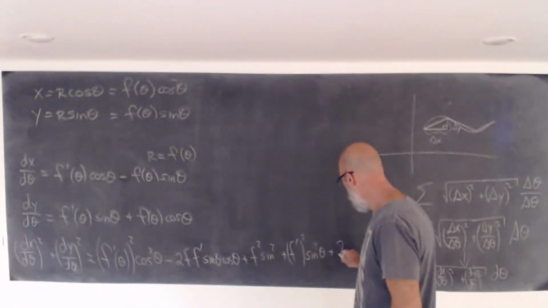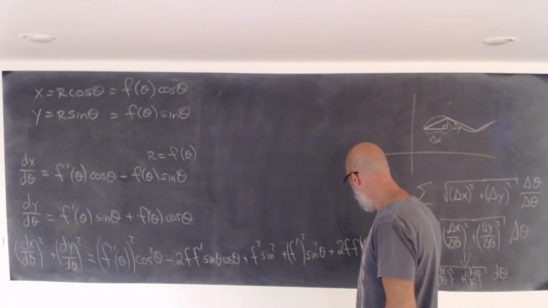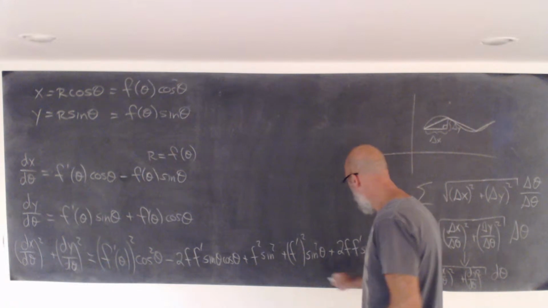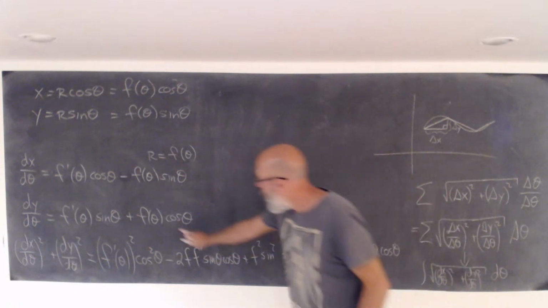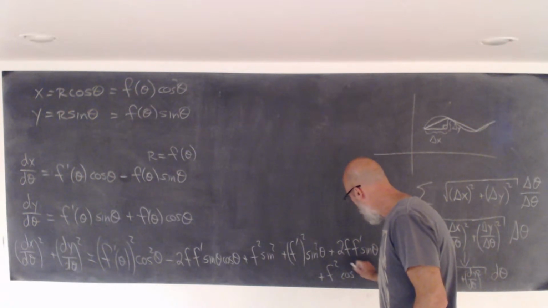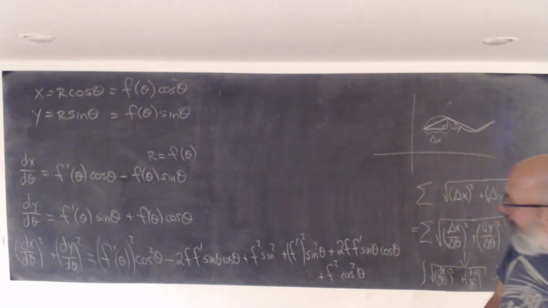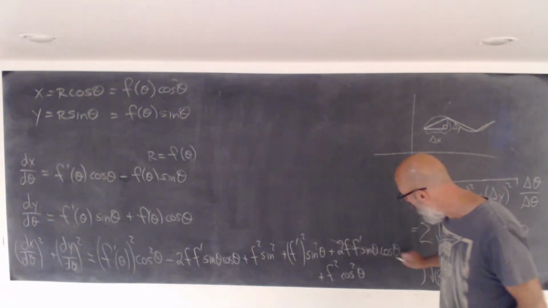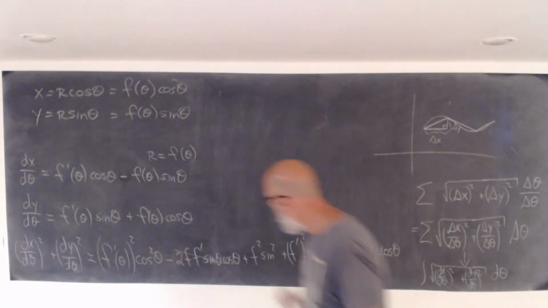This times 2. And finally, this squared. Hopefully some stuff cancels. You can see already this and that will cancel out.